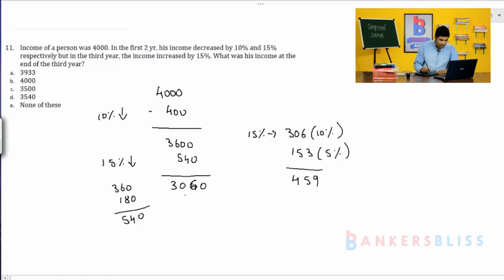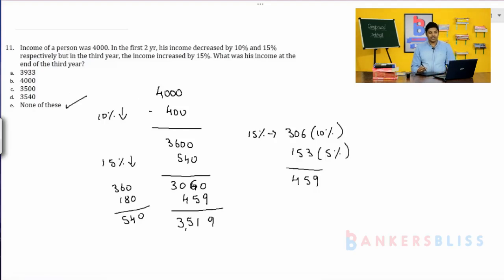So your answer will be 3060 plus 459. So 9, 6 plus 5, 11, 5, 3. So 3519 is the answer. You won't find 3519 among A, B, C, D. So the answer is none of these. Very simple method, come through the concept.